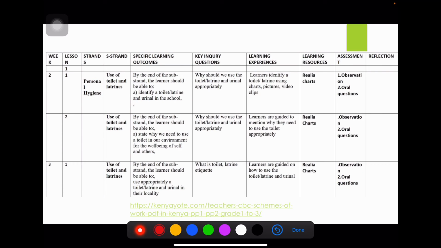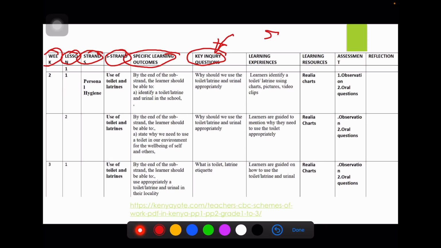Here's another one, where this is the week, the lesson, strand, if you have strand, and sub-strand, specific learning outcomes, key inquiry questions. So the questions must be in this SOW, right? You can check it out here.